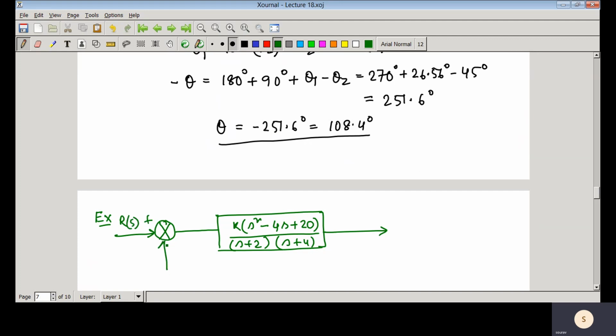You are asked to draw the root locus for this system, where the open loop system is given and the gain parameter is varying.